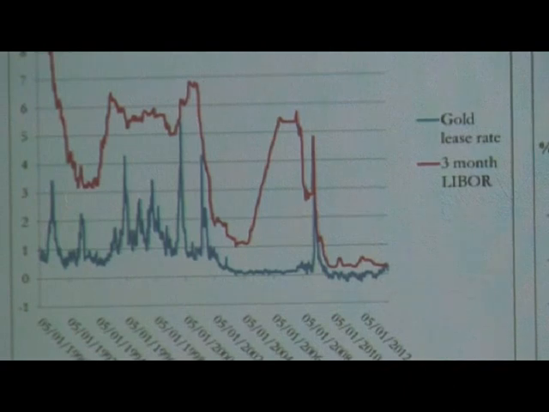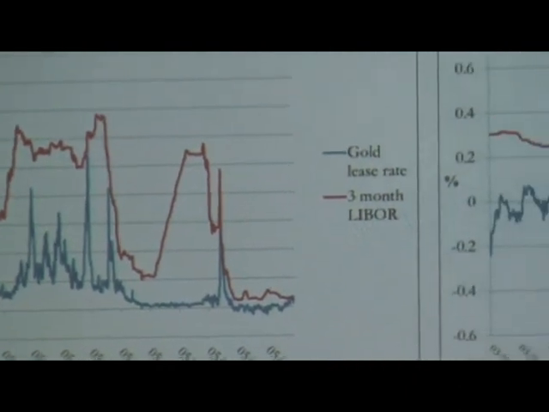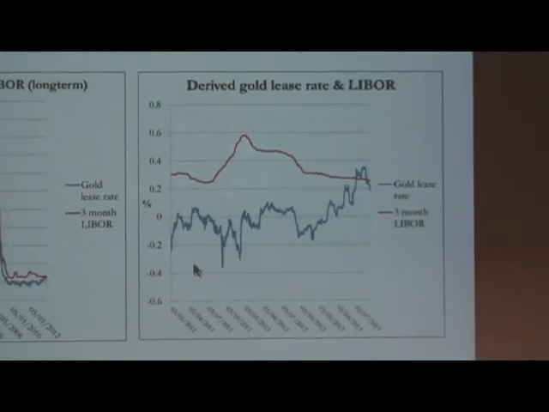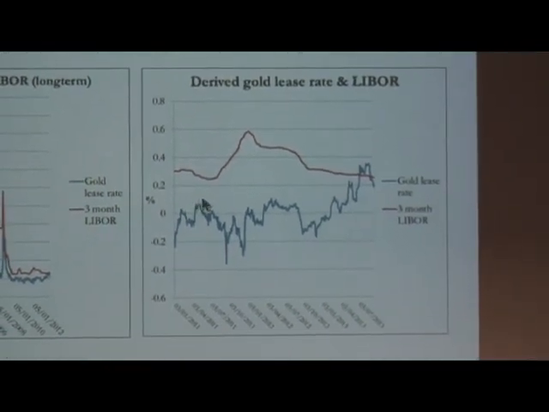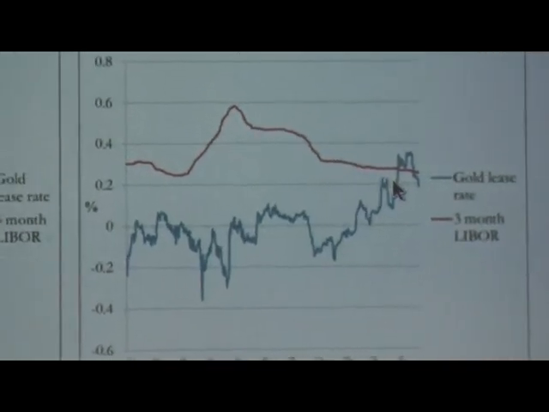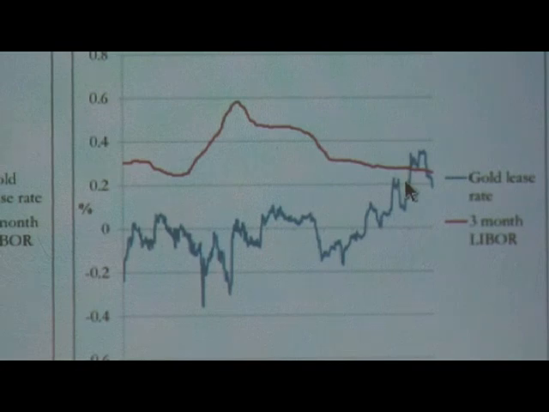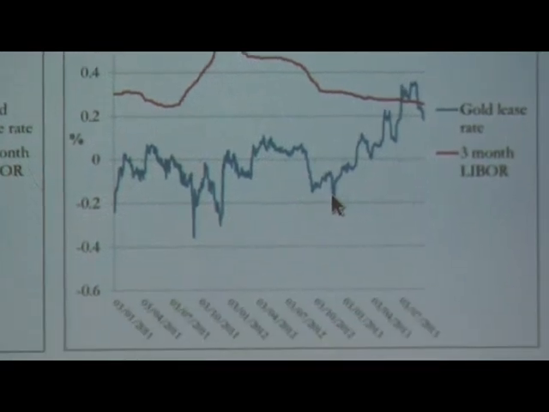Now this is a shorter term chart from 2011. So here you can see that up until here, lease rates were below dollar interest rates. But look at this deviation from the beginning of 2012.